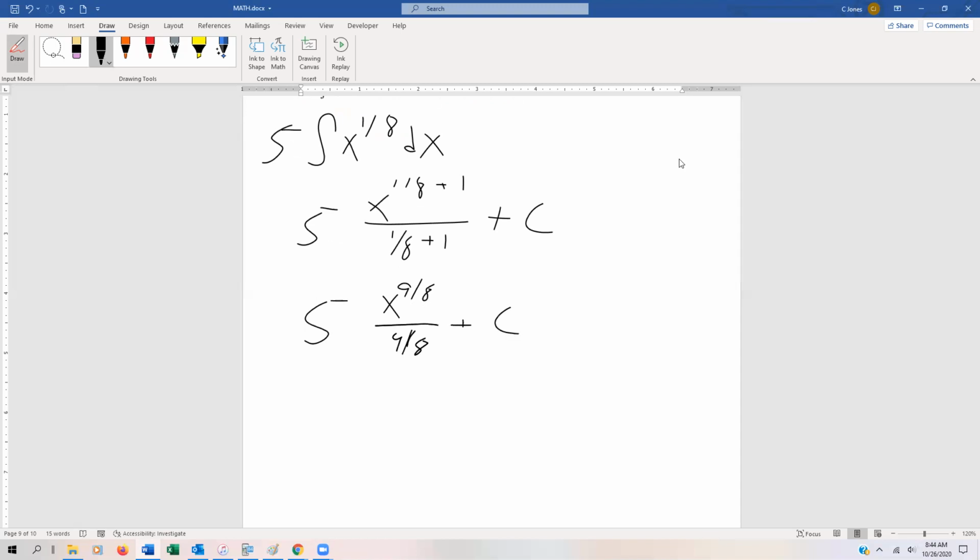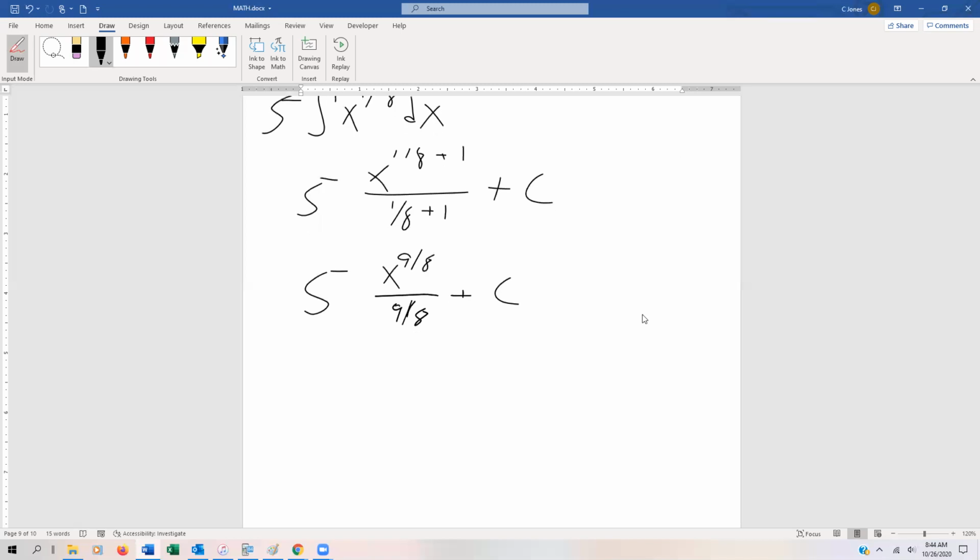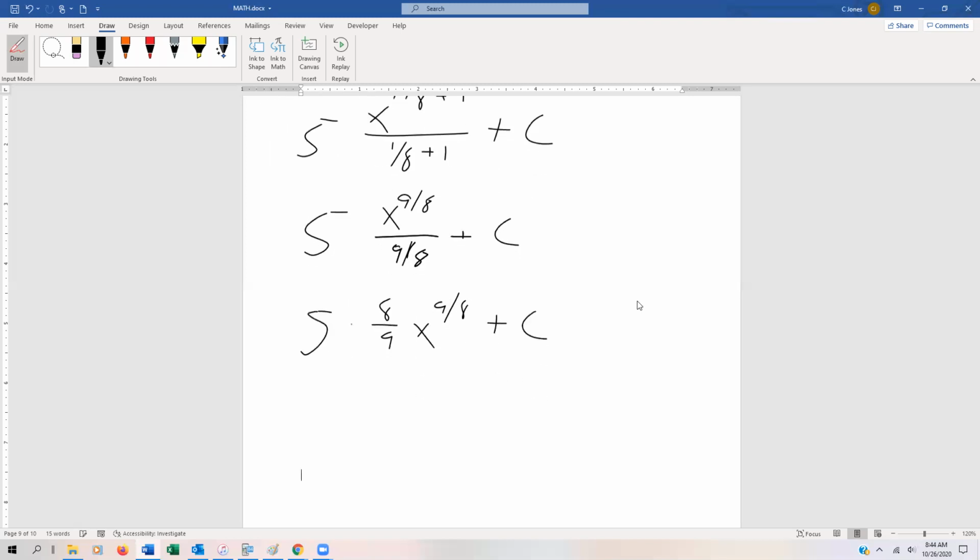Now we can multiply by the reciprocal of the denominator, just like we did in the previous video. So it's going to be 5 times 8 over 9, x to the 9/8 plus c. And then finally, we can simplify this out. 5 times 8 is 40 over 9, and then we have the 8th root of x to the 9th, plus c.